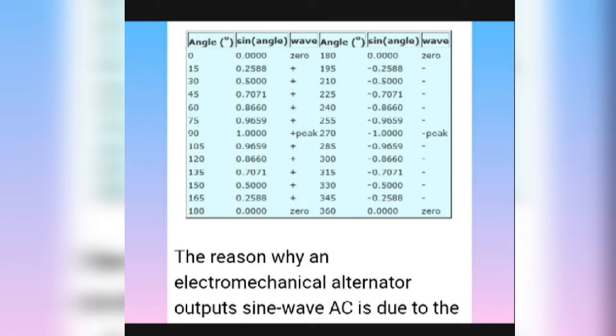0.8660. If the angle is 75, then the sine value is 0.9659. If the angle is 90, it is equal to 1, which means peak. Past the peak, the wave goes a little bit down.